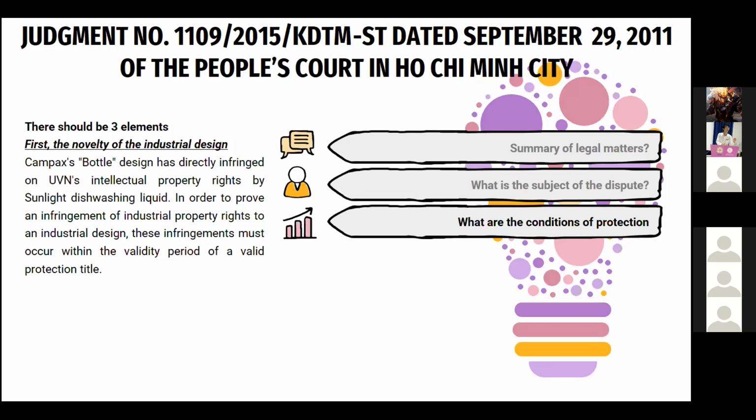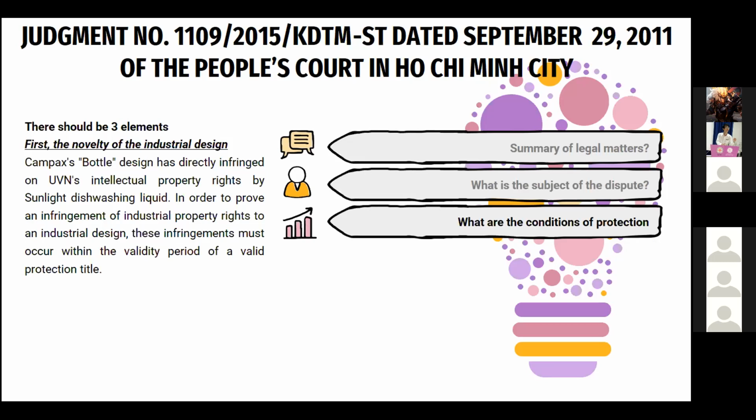Commenting on the issues, there should be three elements. First, the novelty of the industrial design. Campbell's bottle designs had directly infringed on Unilever's intellectual property rights in Sunlight dishwashing liquid.